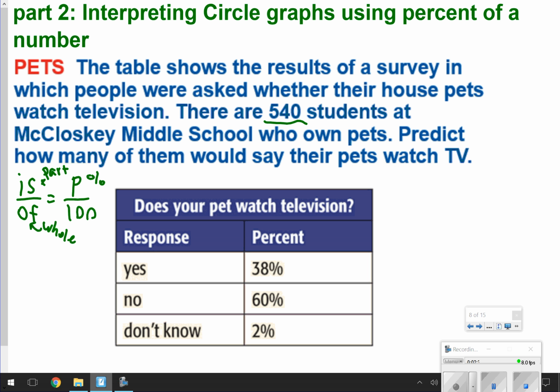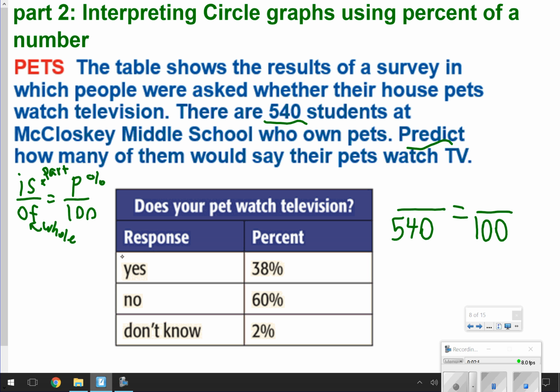Now I'm going to set up my entire equation. Since there are 540 total students at the middle school, 540 will be the whole. I already know 100 is going to go here on the bottom. Now I just need to figure out what percent to use, because the question is asking me to predict how many of them would say their pets watch TV.